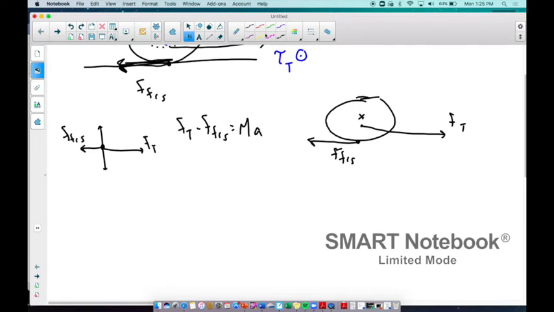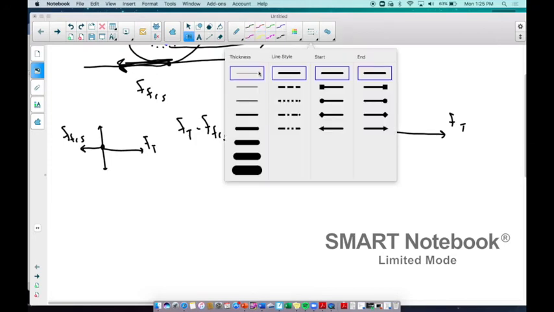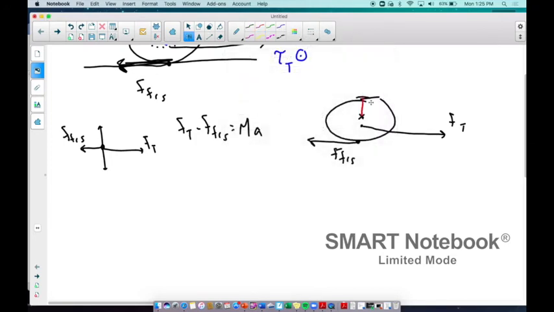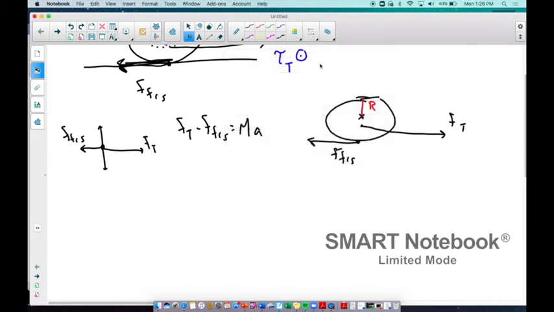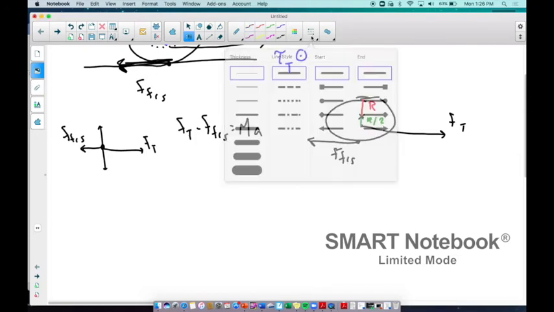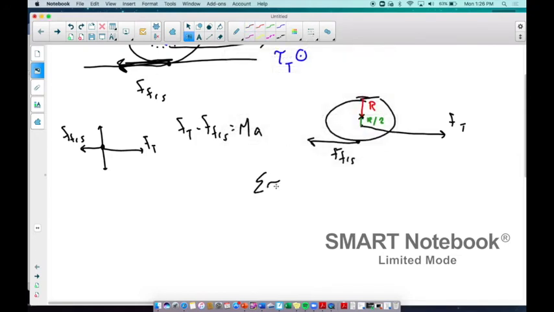Now let me remind you that earlier we said that this whole thing has a radius of big R, and this tension force, where the string is spooled around the interior of the yo-yo, is at a radius of big R over 2. So when I go to write my Newton's second law for that, sum of the torques is I alpha.